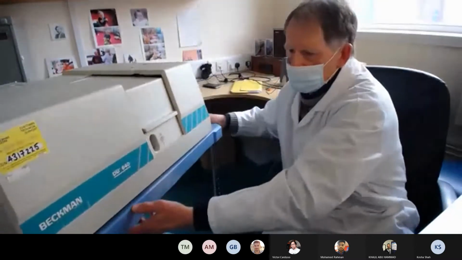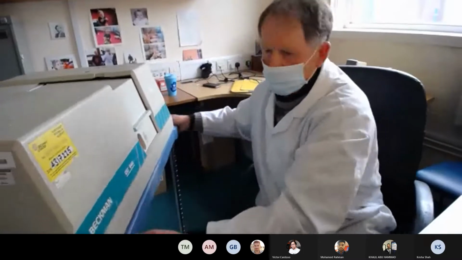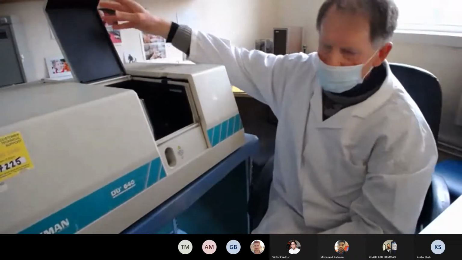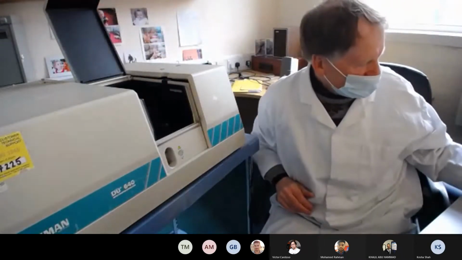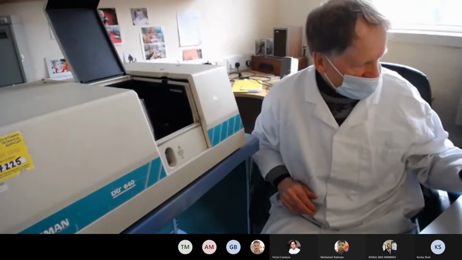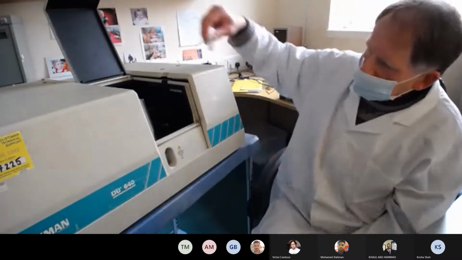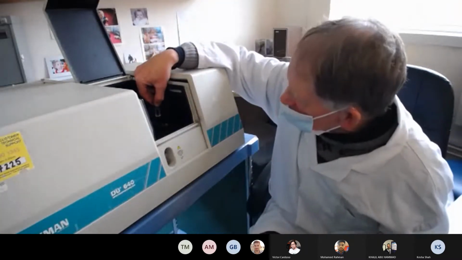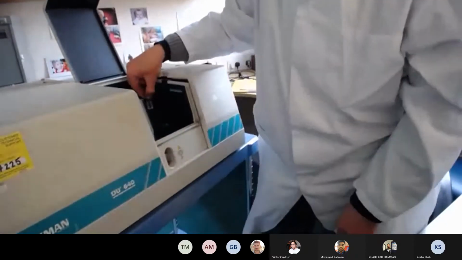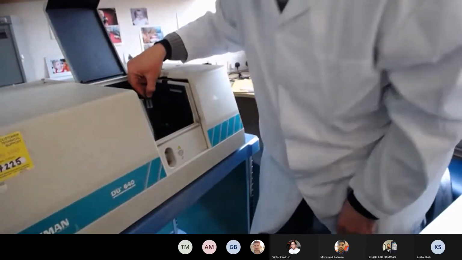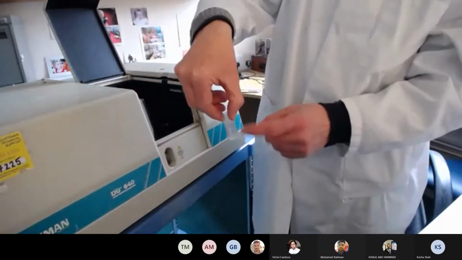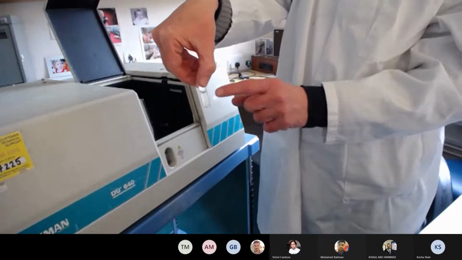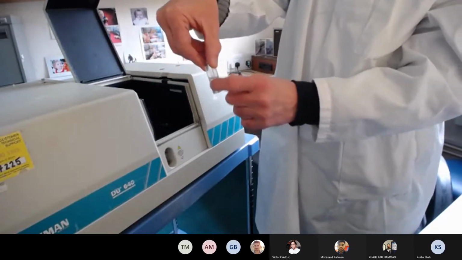I'm just going to shuffle this around. Well, basically, before I do that, this is what normally opens, and you put your sample in a special holder inside the sample chamber here, making sure that you have the clear part of the cuvette in the light beam, not the frosted part here.